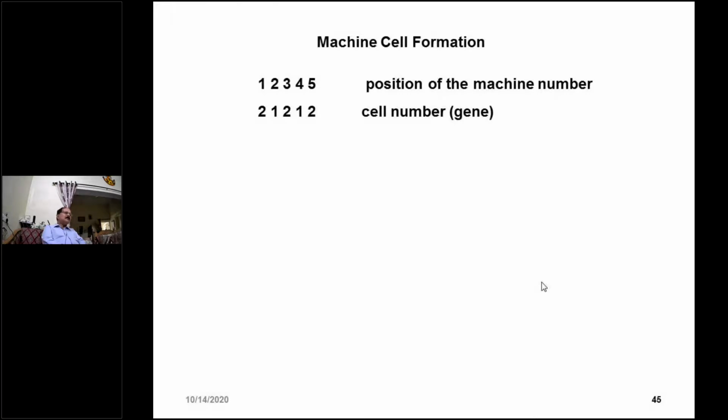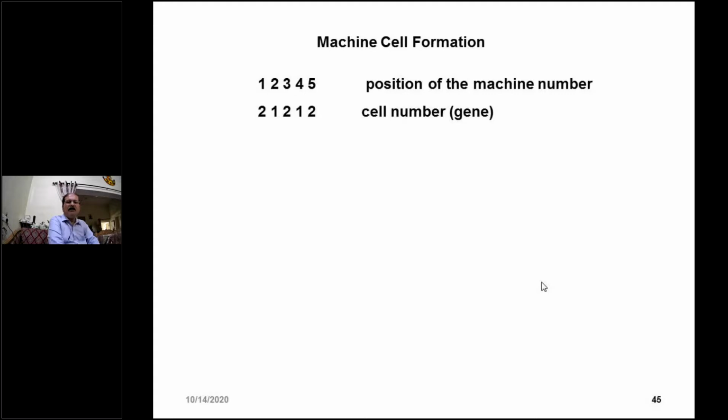I have told you that it is nothing but the combination of the parts that is assigned to a cell, or the combination of the machines that is assigned to a machine cell. That is what we do. So we can have a complete 1-0 type of incidence matrix, or some other types also.